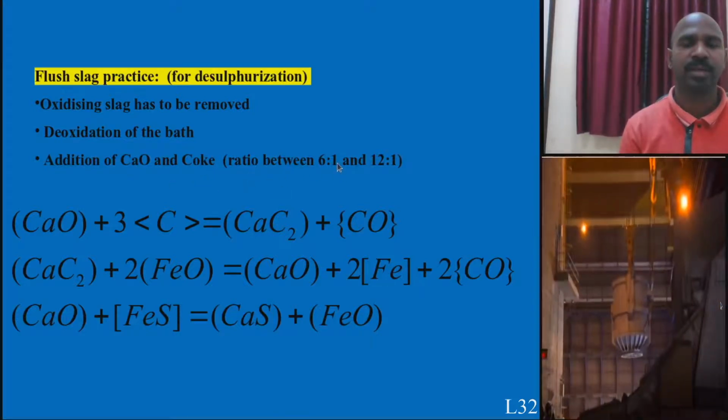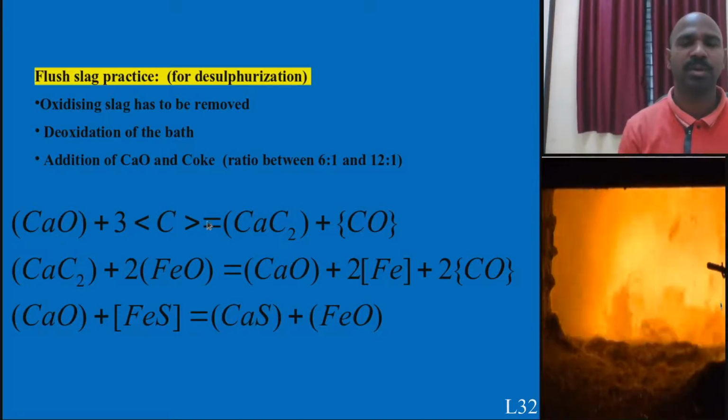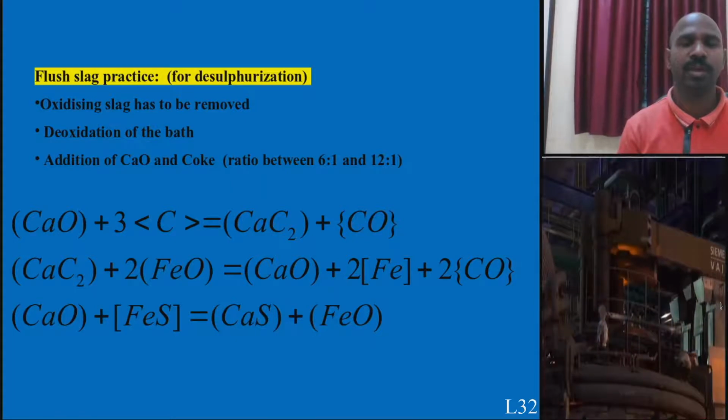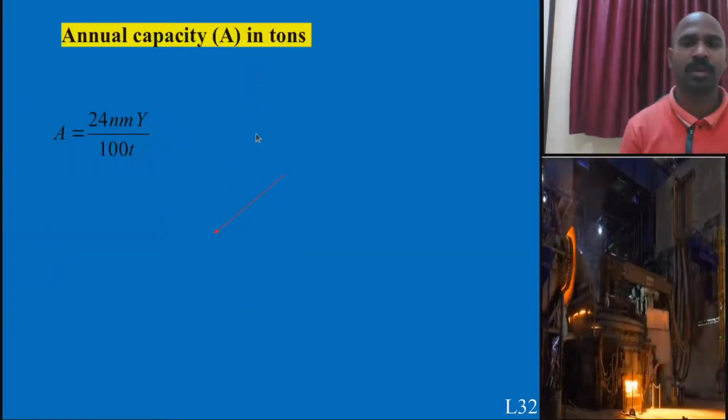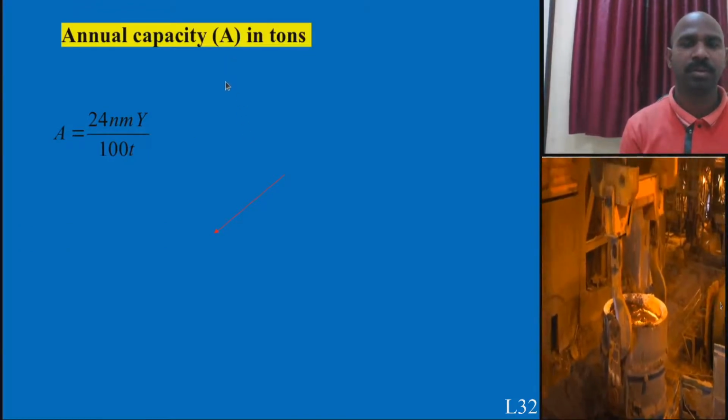This ratio is maintained at 6:1 or 12:1. These are the chemical reactions which take place so that sulfur will be removed, especially for the stainless steel production process.